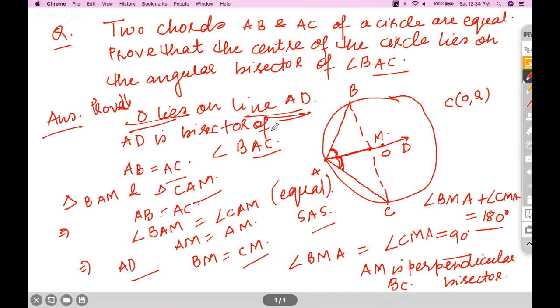As soon as you prove that AD is a perpendicular bisector, you know that AD passes through O, and the theorem gets proved. So that's how you can do it. Did you guys understand it, or do I need to solve it once more?